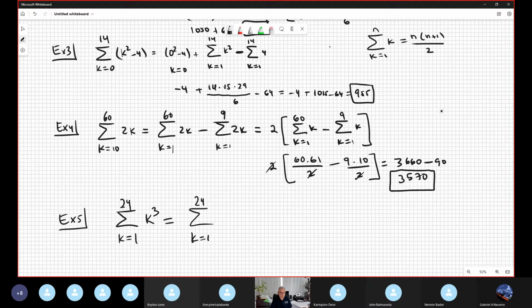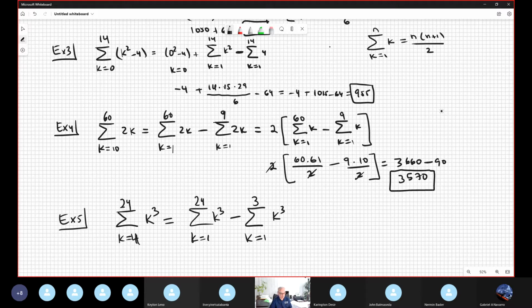But wait a second, this is 4. My formula computes from 1, so I need to subtract the same formula with k starting in 1 and ending in 3, because I need to compute the summation from 4 to 24. I have the formula to compute from 1 to any number, so from 1 to 24 and delete, arithmetically, from 1 to 3.